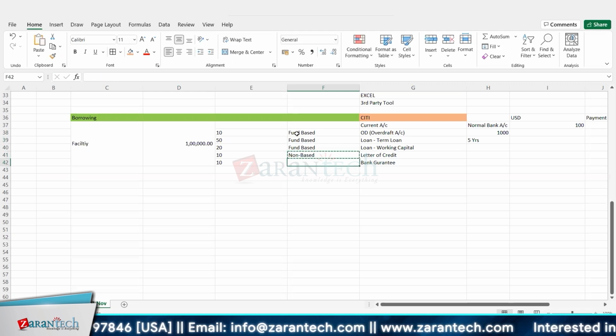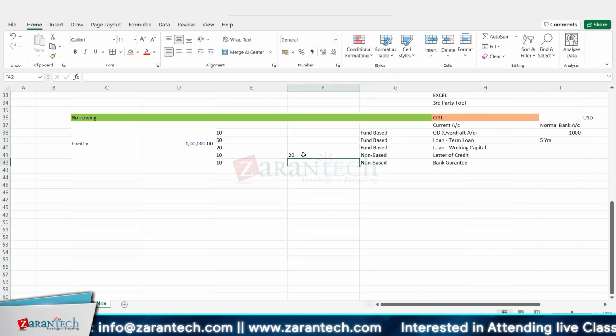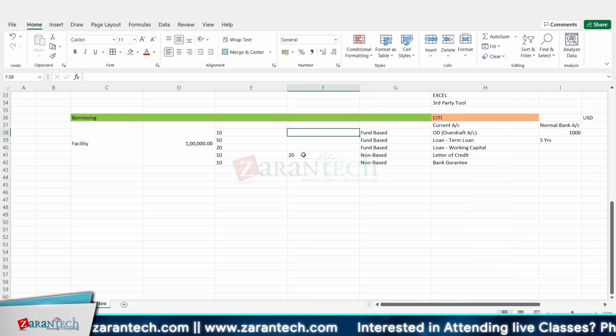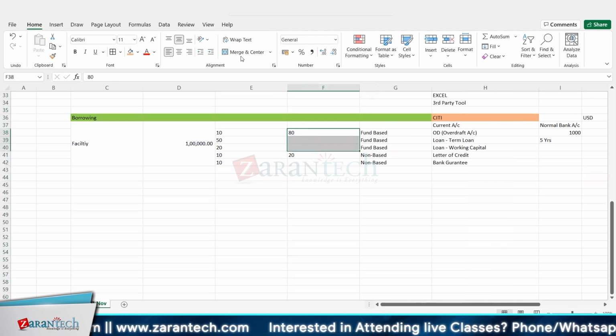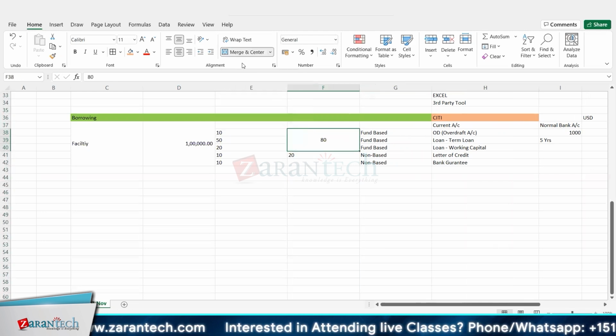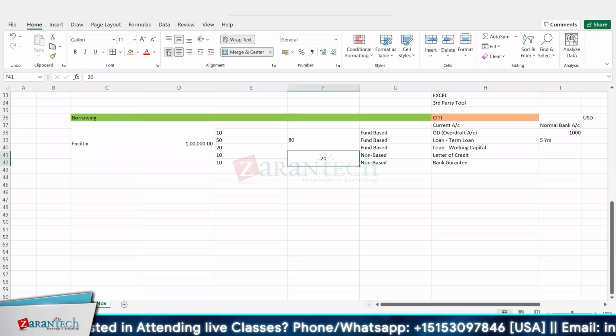So the bank would say yes, this 20 is your non-fund based, and here 80 is your fund based. This complete bifurcation, complete details you would need in your system, and this is possible only in the treasury module.